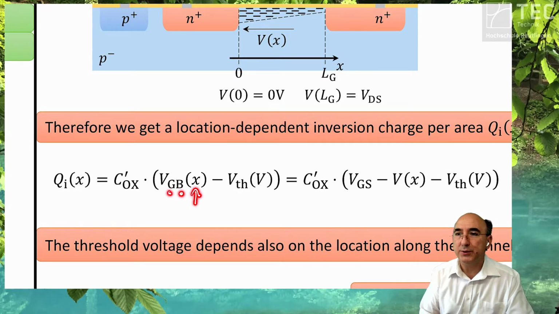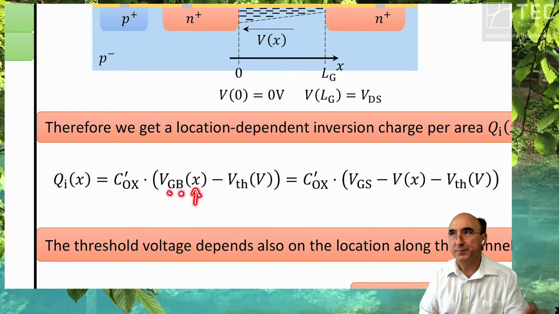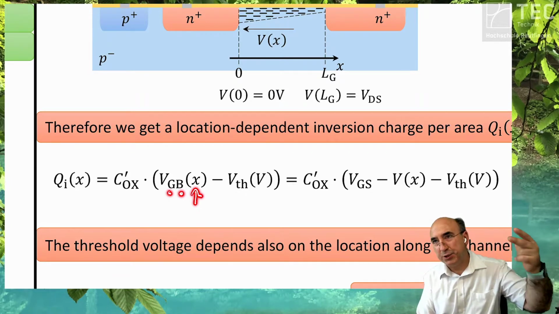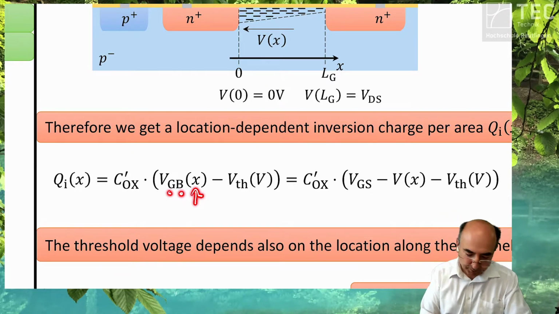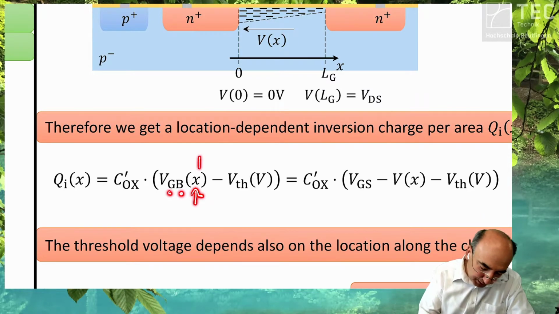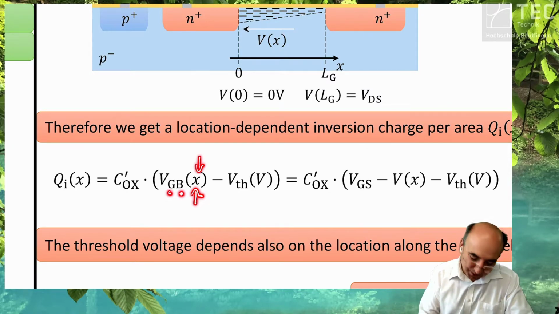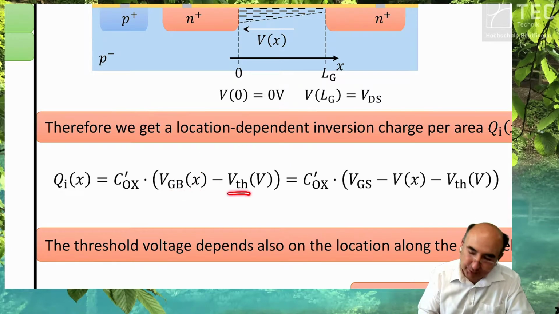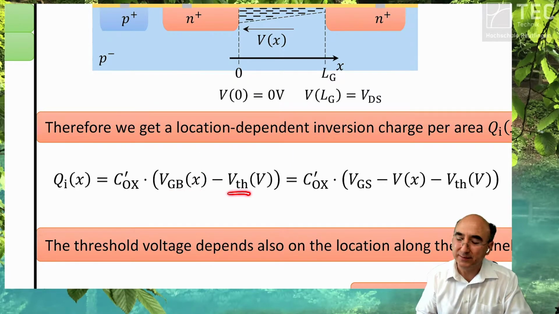Do you know what the second complication is within this equation? It is not only location dependent, the threshold voltage itself is voltage dependent.